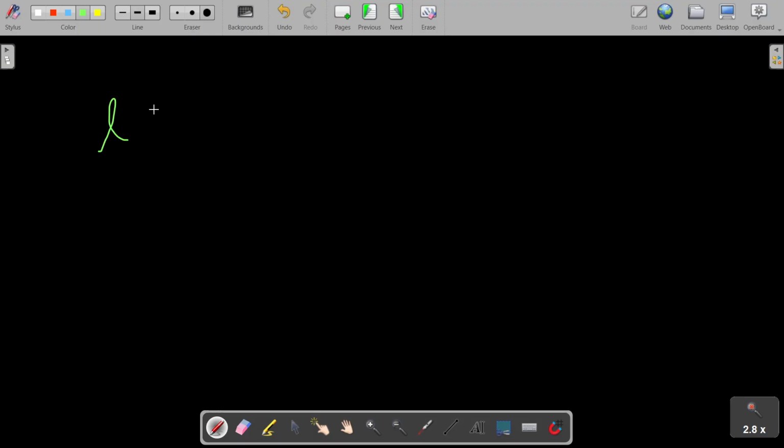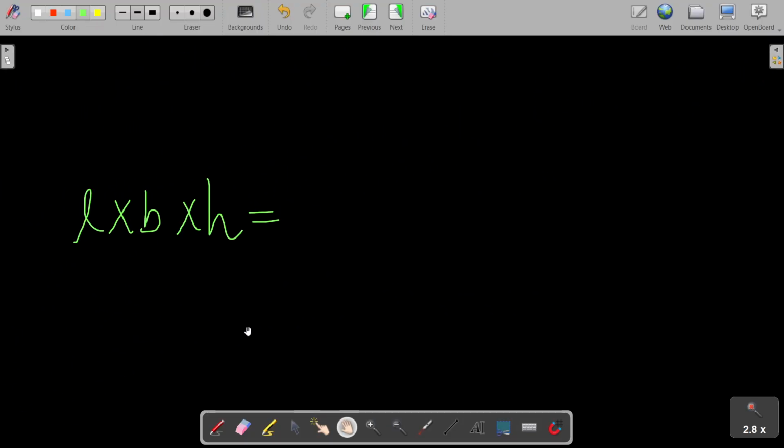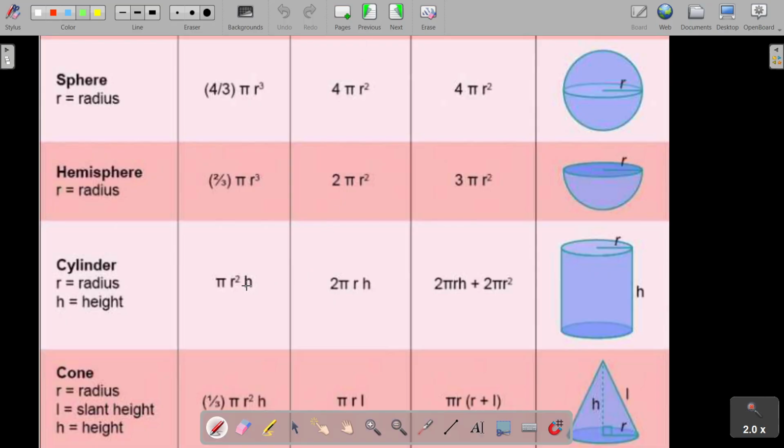Volume of cuboid is length into breadth into height of the cuboid, and the volume of these coins is, so for one cylinder, let's see the formula sheet. Cylinder volume is pi r squared h.